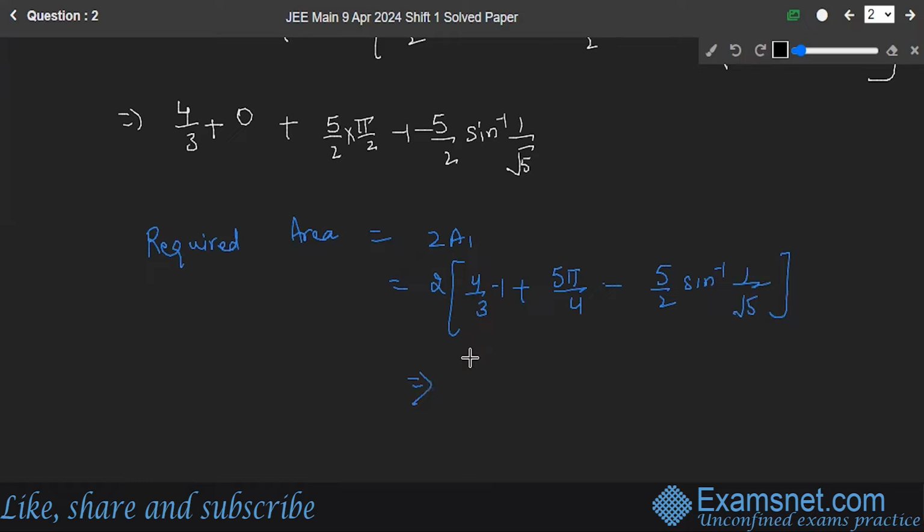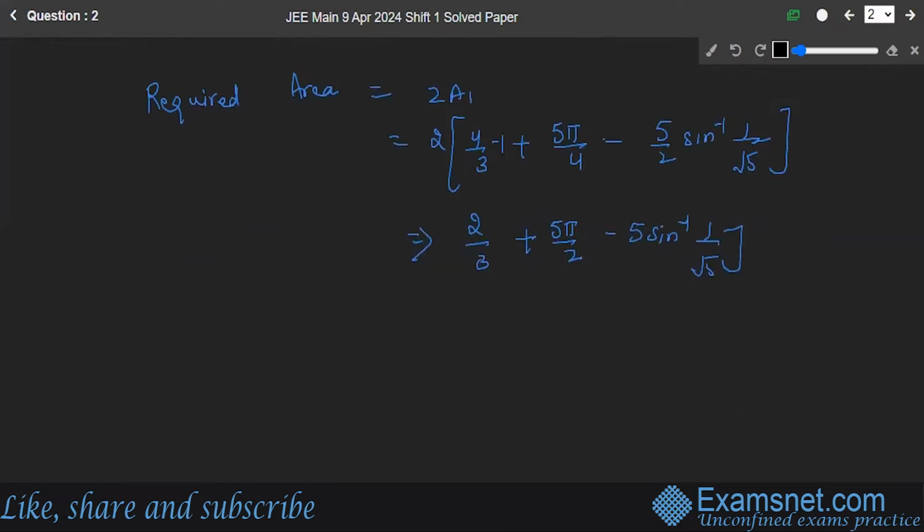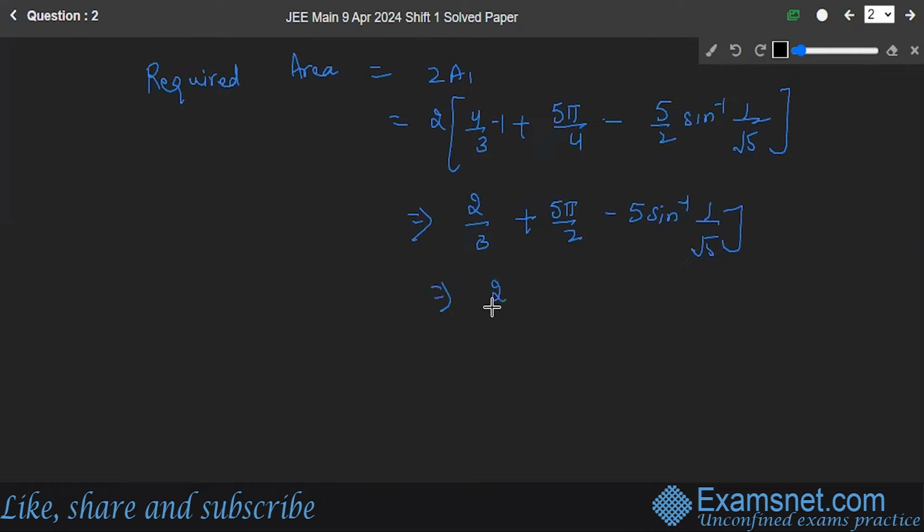So this will be 1 upon 3, and this will give me 2 by 3 plus 5 pi by 2, and then you will have your minus 5 sine inverse 1 upon root 5. So this is equal to 2 by 3 plus, taking 5 outside, 5 by 2 minus sine inverse of this value.